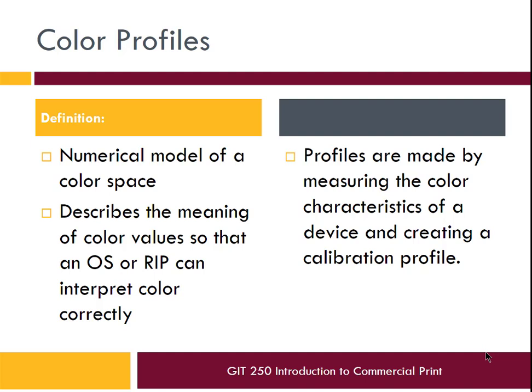So these are important because that profile is what's going to communicate to the RIP, to the software, to the monitor, to every piece of equipment in that workflow exactly how to interpret color. So that when the photographer takes a picture with a calibrated camera setup, he edits that picture on a calibrated monitor.